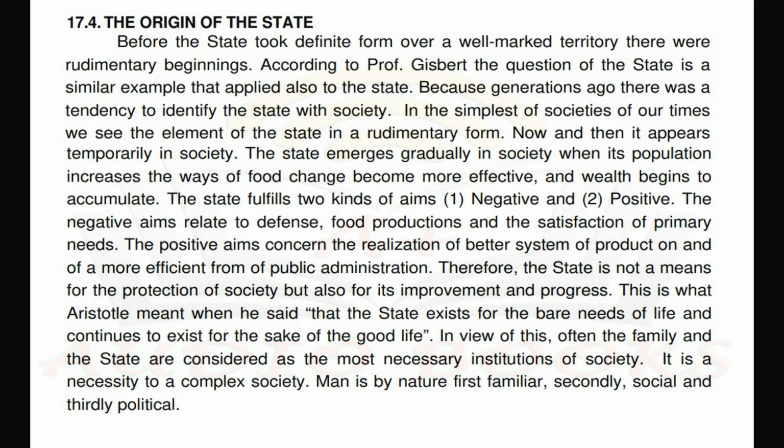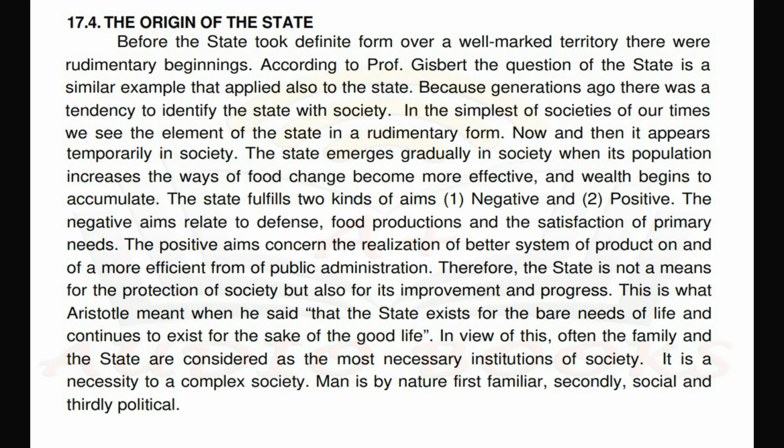The state fulfills two kinds of aims: 1. Negative, and 2. Positive. The negative aims relate to defense, food production, and the satisfaction of primary needs. The positive aims concern the realization of a better system of production, and of a more efficient form of public administration.